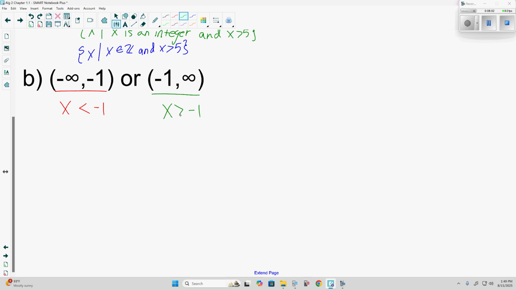Questions on our two inequalities? Now, the word we're going to have to put between it, because we started out with or before, we still have or, because it's this one or this one. Either x is less than negative 1 or x is greater than negative 1. It's one of our two statements. Questions on how we turn these expressions into inequalities?